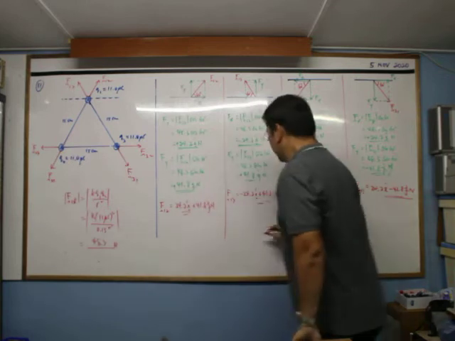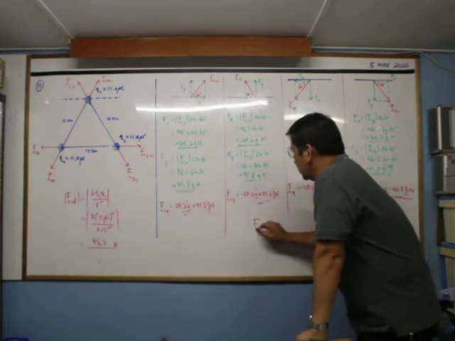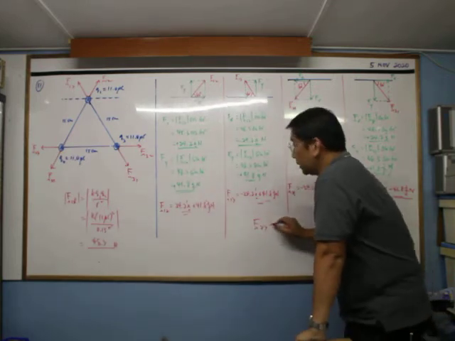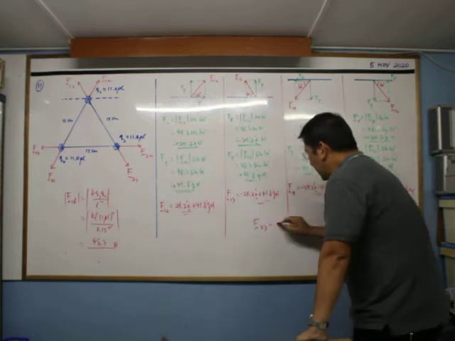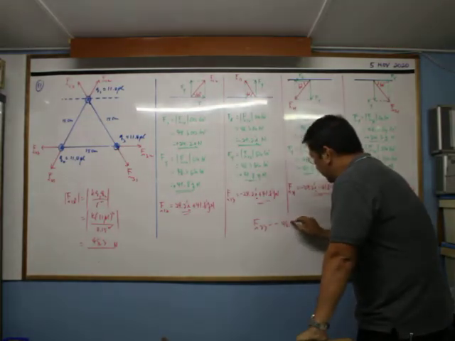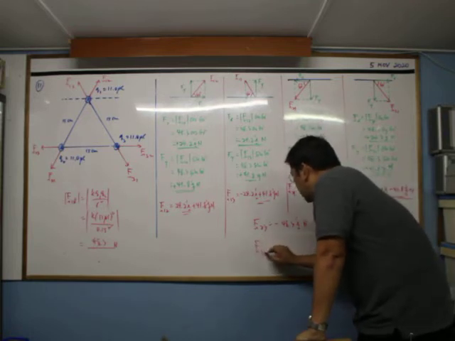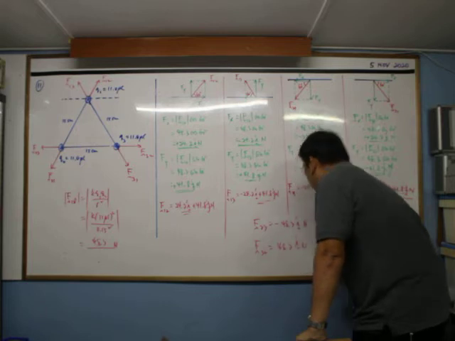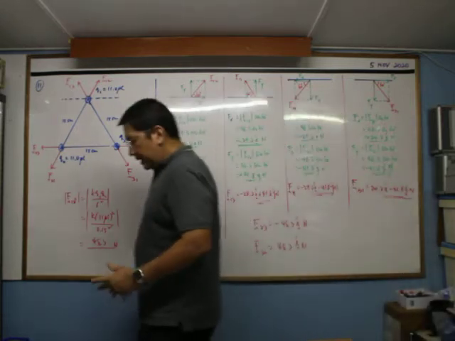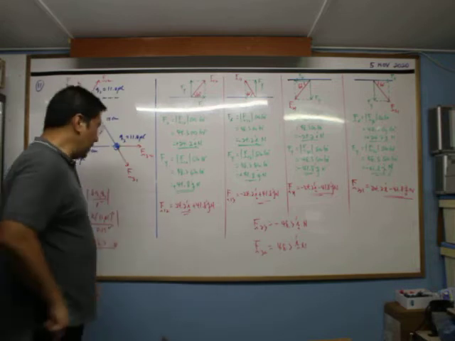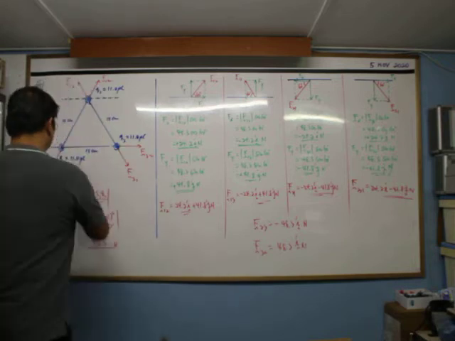Our last two will be the F23. F23 pointing to the left, so negative 48.3 I Newton, and the F32 is positive 48.3 I Newton. Alright, so then we calculate the net force on all of them.